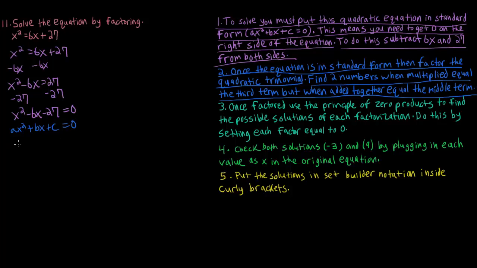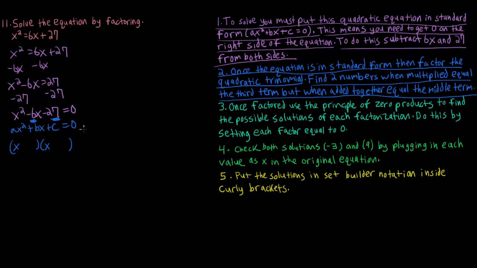So we want to factor x squared minus 6x minus 27. We can start using the FOIL method, and we need to figure out what two numbers when multiplied equal -27, but when added equal our middle term -6.